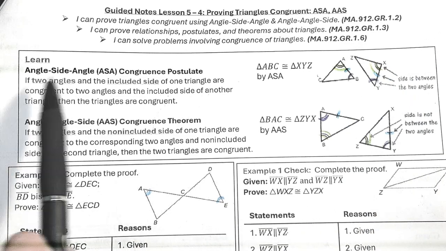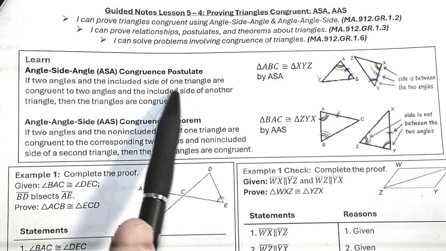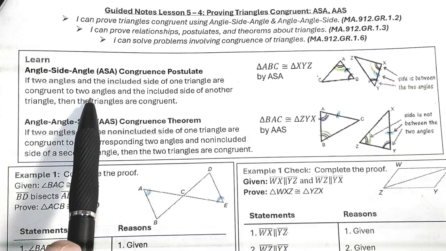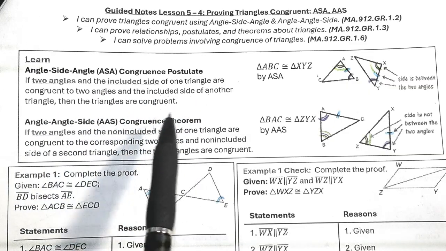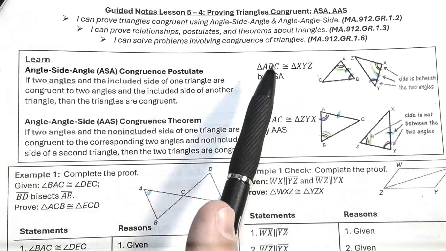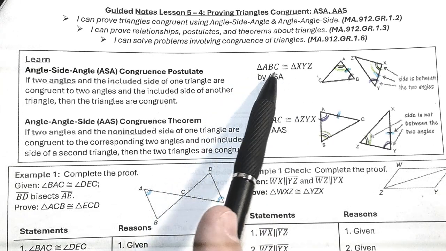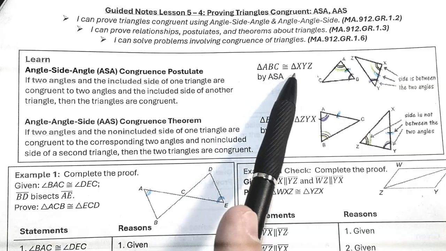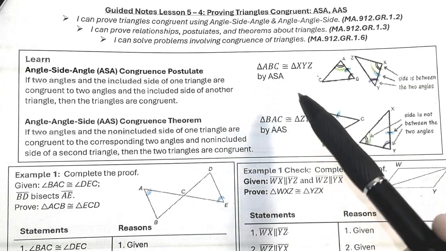So angle, side, angle congruence. If two angles and the included side of one triangle are congruent to two angles and the included side of another triangle, then the triangles are congruent. So our example, ABC and XYZ. Now, the order of the letters is important because that's how we identify corresponding parts.